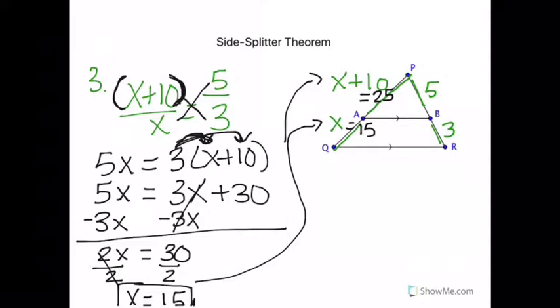Okay, we can go a little farther with the side splitter theorem and look at some parallel lines cut by 2 transversals. So this is taking the side splitter theorem to a whole other level, and instead of splitting sides of triangles, we're splitting these transversals. It's the same idea, and if I were to extend these transversals, they would cross and form a triangle.